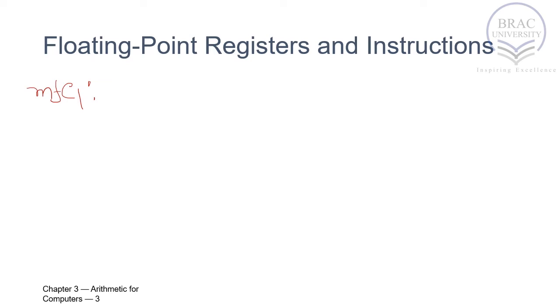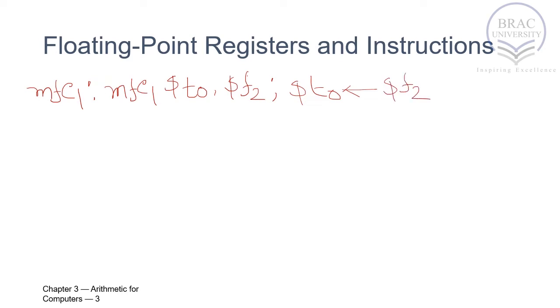Move from C1 T0 and F2. What this means is it actually transfers the content of F2 into register T0.